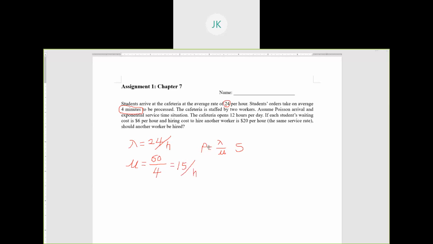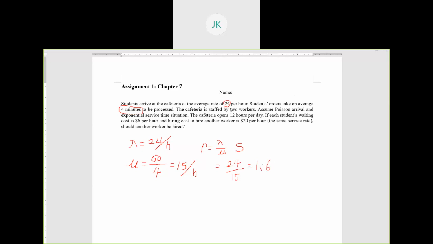So average utilization is arrival rate 24 divided by service rate 15. It will be 1.6.